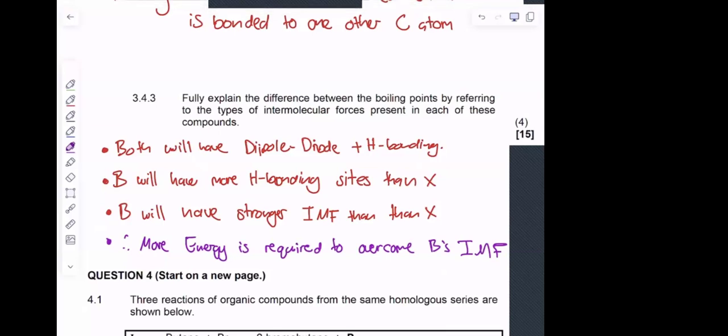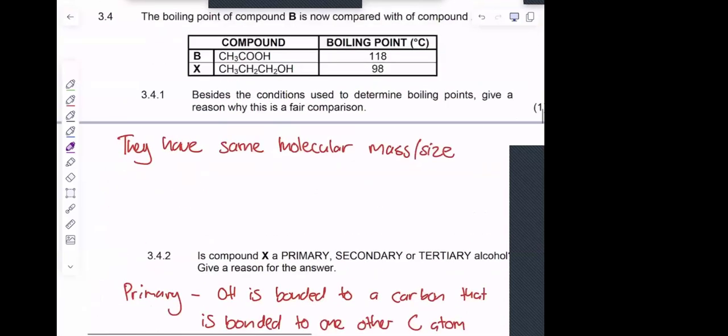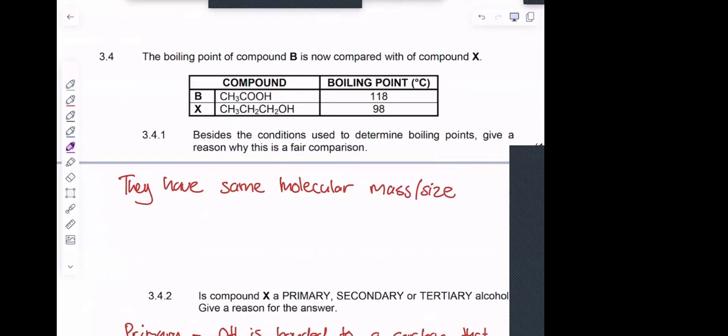Okay. Someone's asking, what about surface area and the chain? So again, definitely it's going to be a factor, but less of a factor than the hydrogen bonding. The hydrogen bonding is going to be a way bigger factor than the length of those chains, because 2 carbons versus 3 carbons, when it comes to the London forces, doesn't make as big a difference as twice the number of hydrogen bonding sites. But it is a factor.